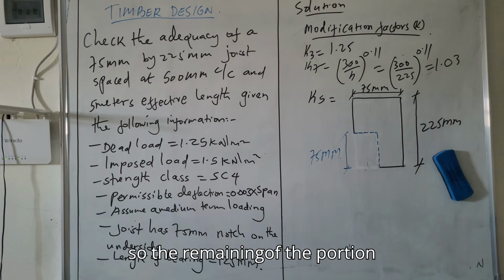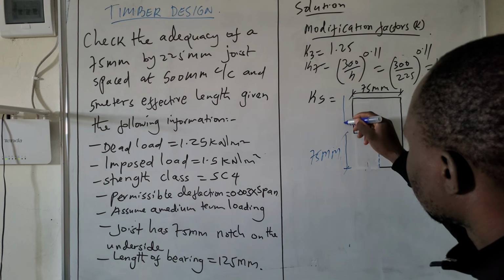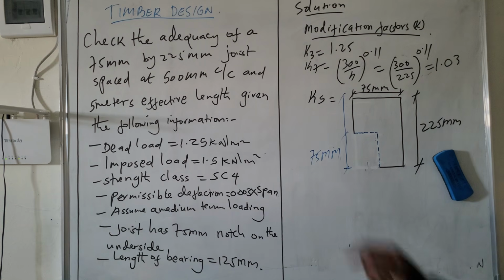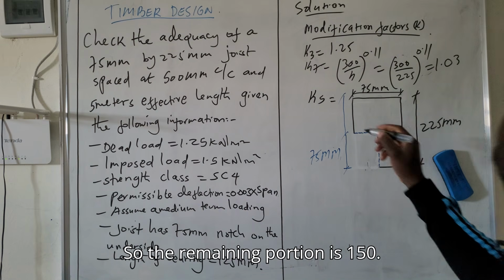So the remaining portion from here to here will be 225 minus 75. So 225 minus 75, that is 150. So the remaining portion is 150.